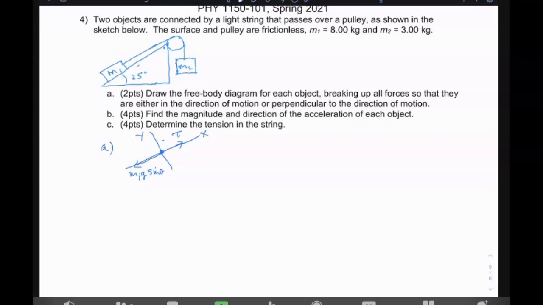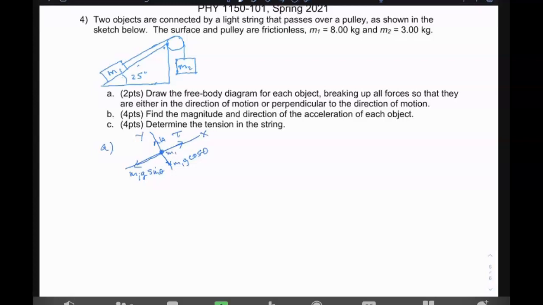And then in the perpendicular direction, we have the normal force acting in the plus y and m1g cosine theta acting in the minus y. Okay, so that's mass 1.